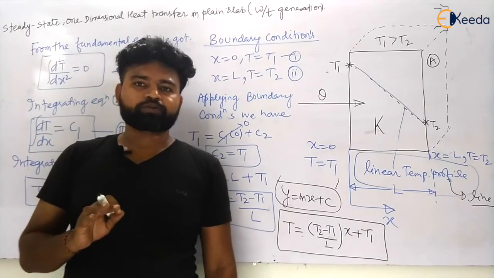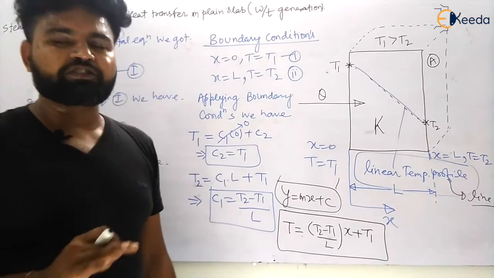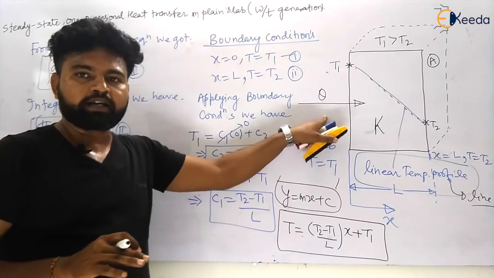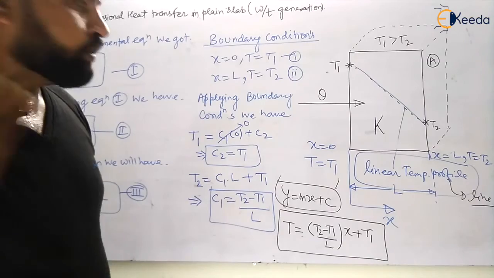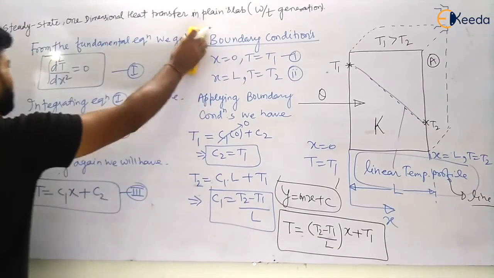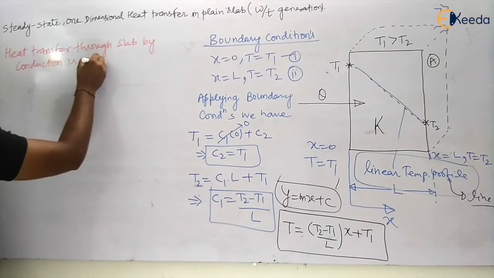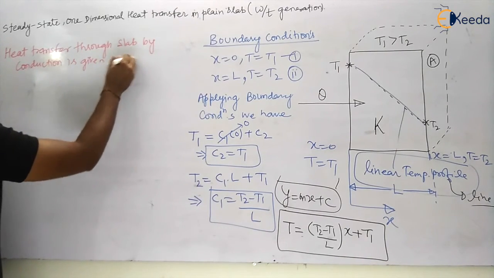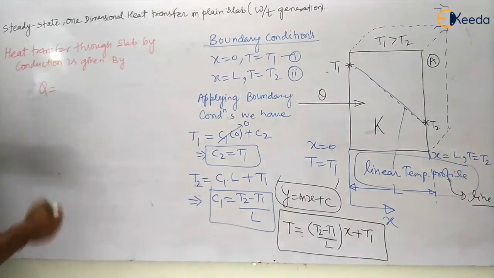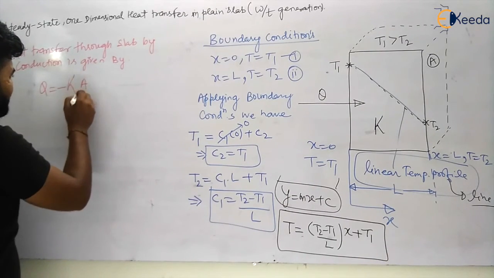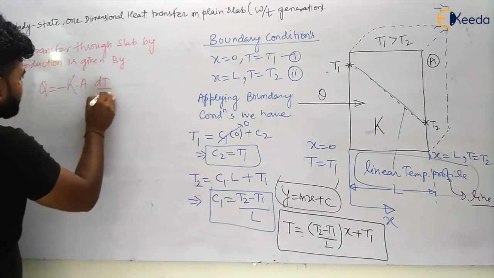So now my dear students, let us calculate the heat transfer in this case. What will be the heat transfer? By Fourier's law, Q is equal to minus kappa K into area A into dT by dx.